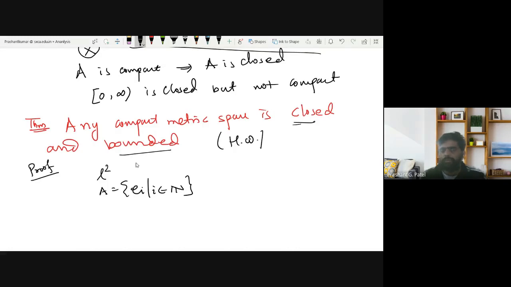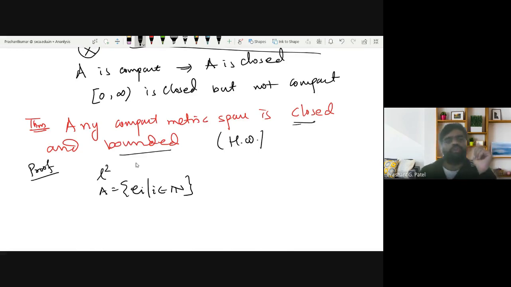Okay, this will not work because this is bounded. I need an example which is closed plus bounded but not compact. Yes, so I can give this example. Closed plus bounded.